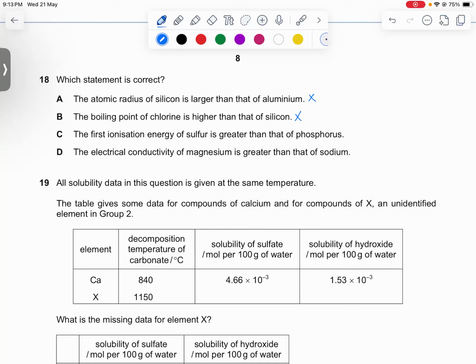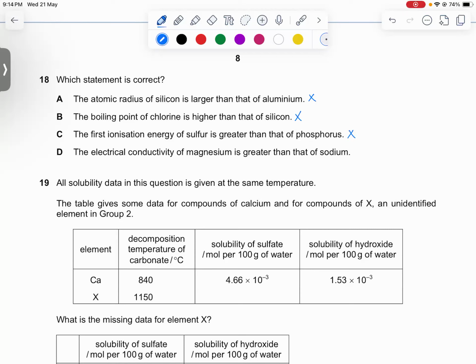The first ionization energy of sulfur is greater than that of phosphorus. Is the first ionization energy of sulfur greater than phosphorus? That is also not true. Ionization energy increases across the period, right? But for phosphorus and sulfur, basically for group 5 and group 6, we know that it is an exceptional case, right?